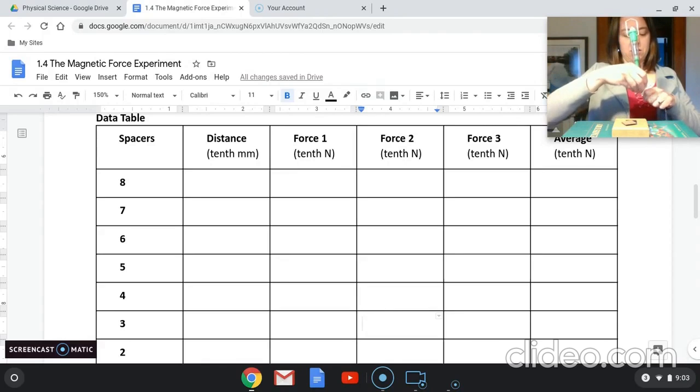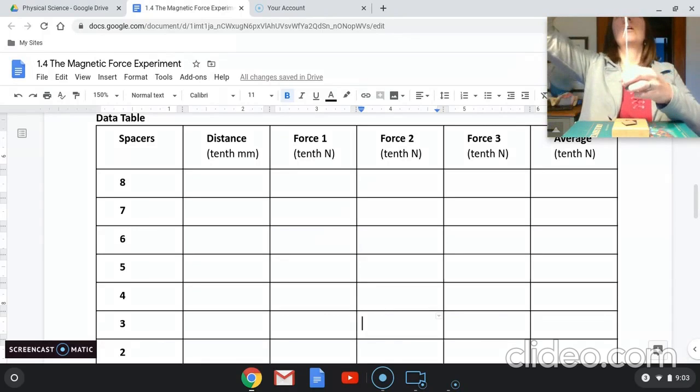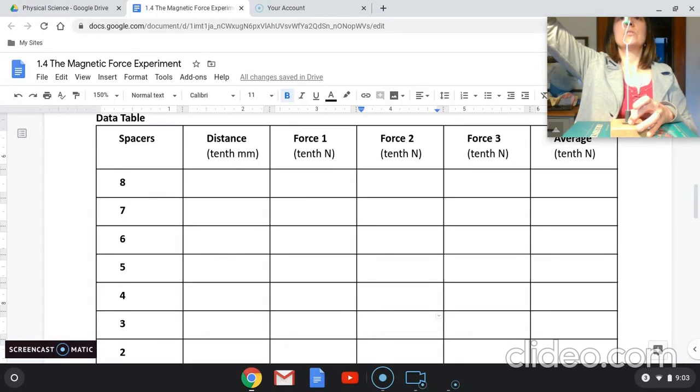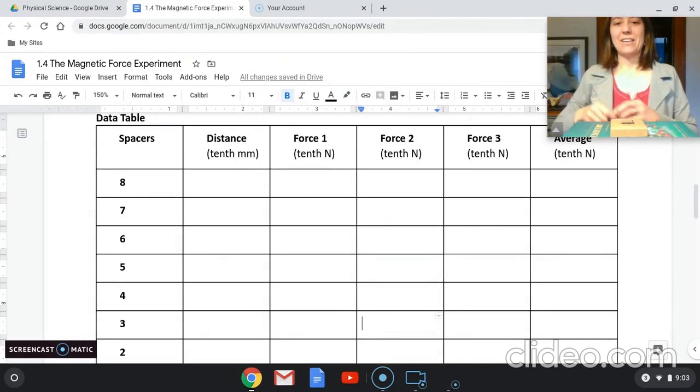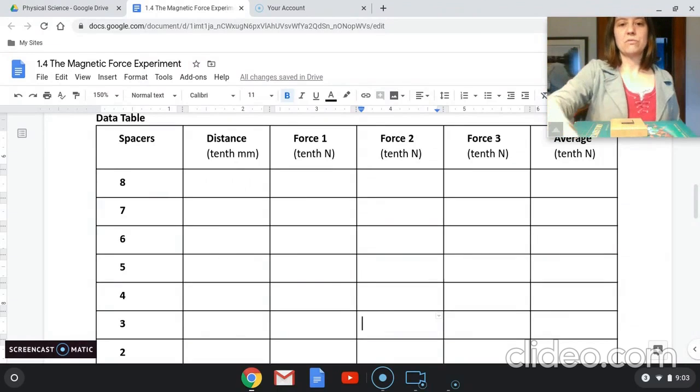And then let's do trial 2. My force apparatus kind of fell apart there. Okay. So we've got 1, 1.5, 2, 2.2, 2.3, 2.5, and that was 2.5 newtons. So 2.4, 2.5 newtons.